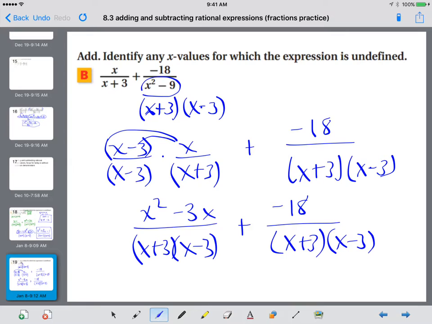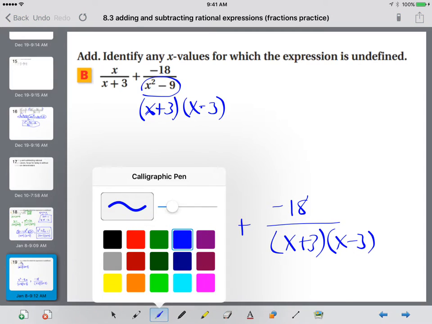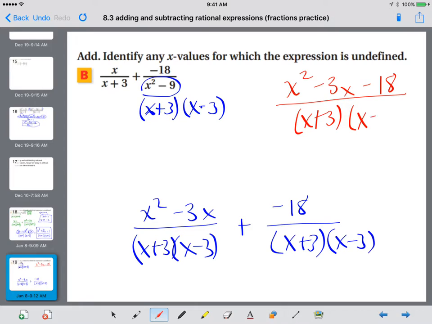I'm going to need a little more space here, so I'm going to erase this up here and move my work up. So we're going to have (x squared minus 3x minus 18) all over (x plus 3)(x minus 3).